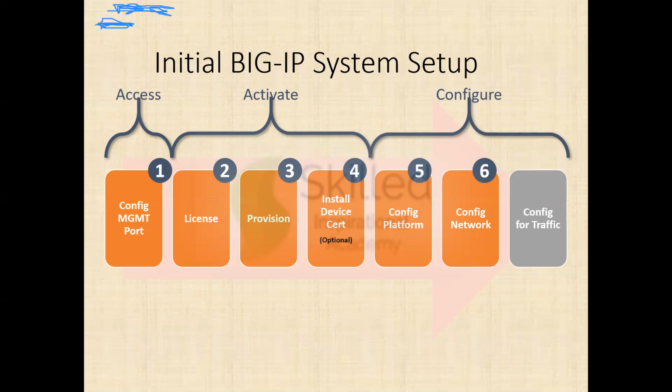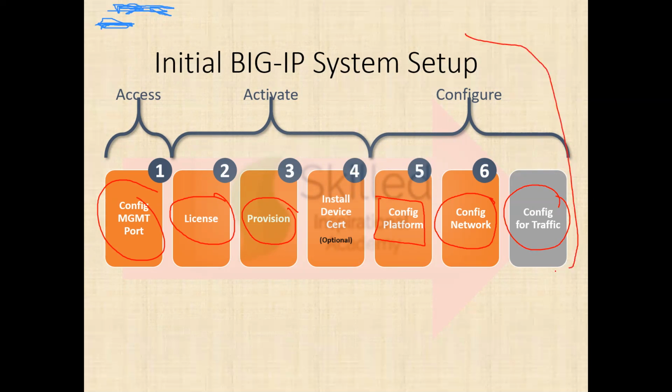So in our lab setup, we will see how to configure the management port and license, we will do provisioning, we will see how to configure platform settings like date and time, and then we will learn how to configure network and data traffic.